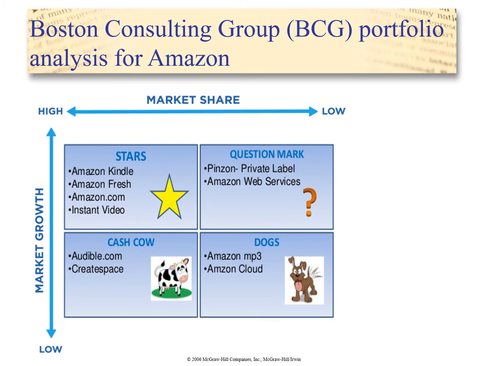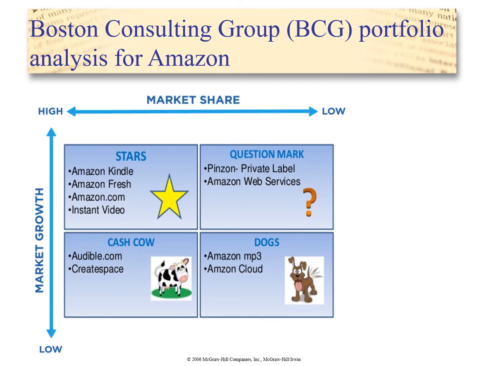So this is an example of a BCG matrix for Amazon. We can see here quickly, Amazon's question mark is Pinzon, which is a special brand of Amazon for luxury towels and bedding. That's a question mark. It's in a high growth potential area, but right now has very low market share. Also, Amazon Web Services, again, high growth potential, but currently has low market share.